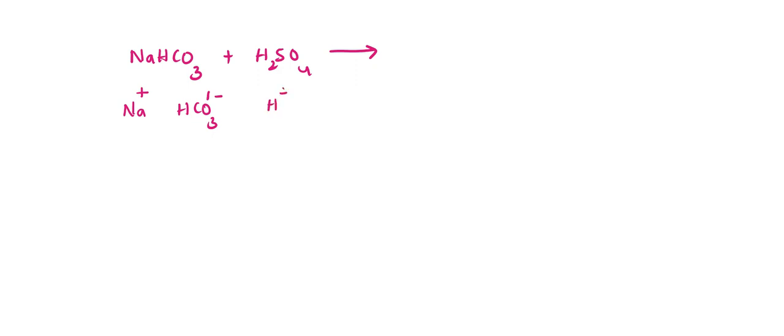Now take one metallic bicarbonate, take sodium bicarbonate, NaHCO3, with acid. Now ions of sodium bicarbonate are Na1 plus and HCO3 1 minus. Similarly, ions of sulfuric acid are H plus and SO4 2 minus. Combine this.